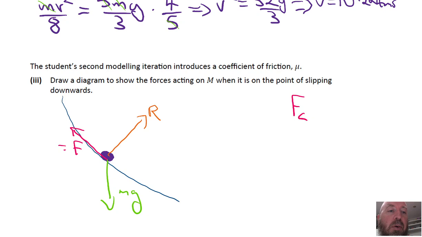And then our circular motion, which is our mv squared over r inwards to the center, mv squared over r equals R sine beta minus mu R cos beta.